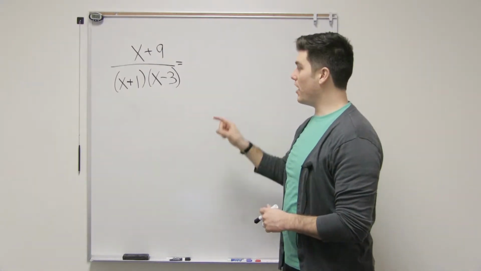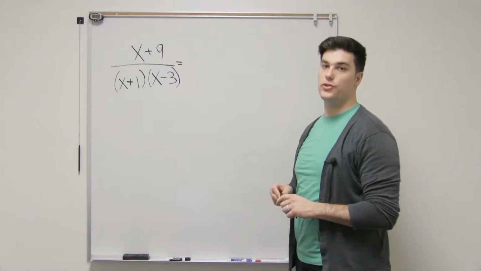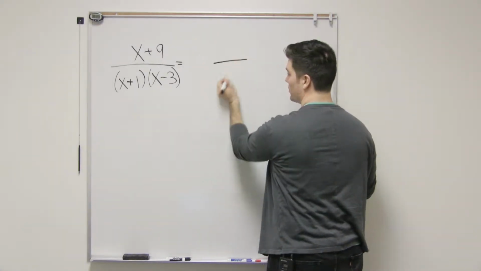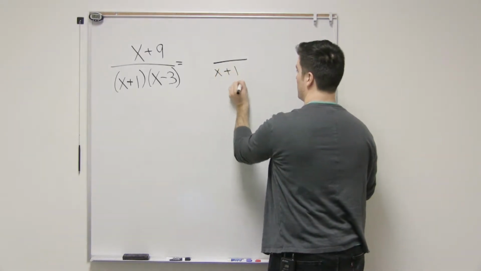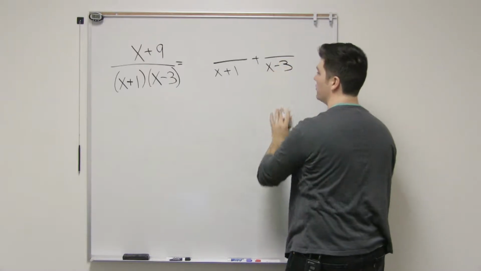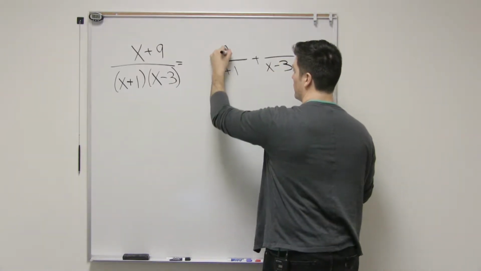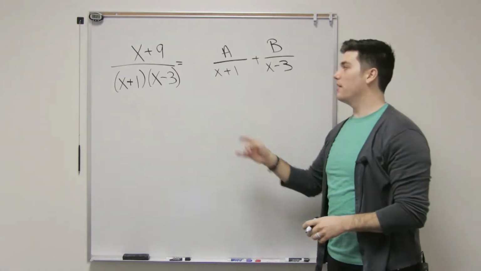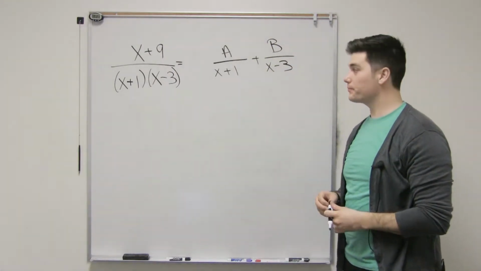This means that this fraction will decompose into two fractions. The first one is going to have the denominator x plus 1, and the second will have the denominator x minus 3. And we want to set these equal to each other, so we want to find an a and a b that make this equality true.